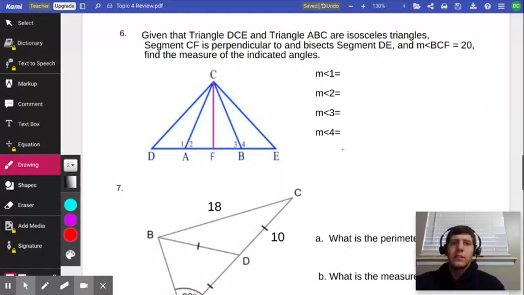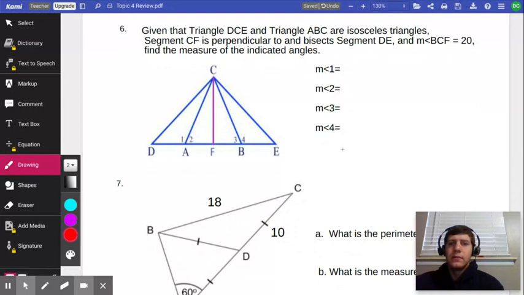All right, 6 here, given that triangle DCE and ABC are isosceles. So we know that these are isosceles triangles. All right, the big one and then the inside one. We can probably highlight them too. We'll do the inside one here in blue.